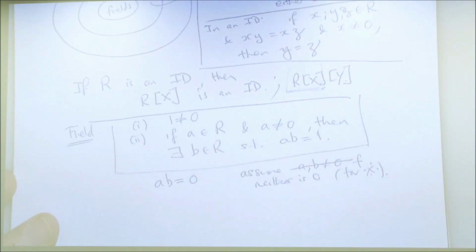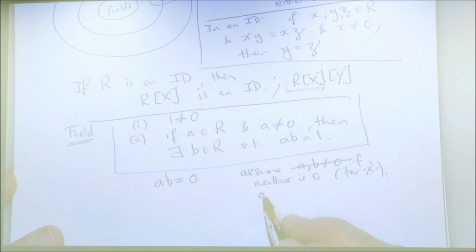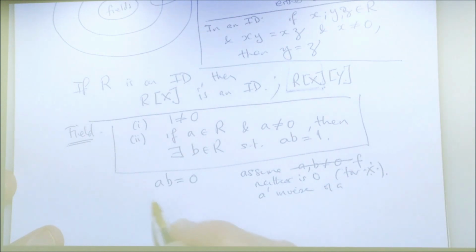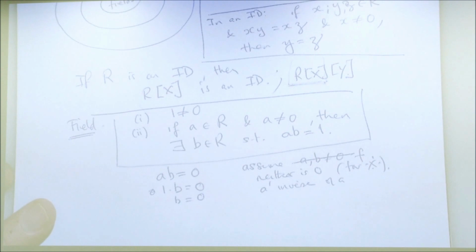Well, if neither is 0, then A is not 0, so it's got an inverse. So let A dashed be the multiplicative inverse of A, and multiply by it. Well, A dashed A is going to be 1, and we proved in lectures that if you multiply in a ring by 0, you get 0, and you deduce that B is 0.